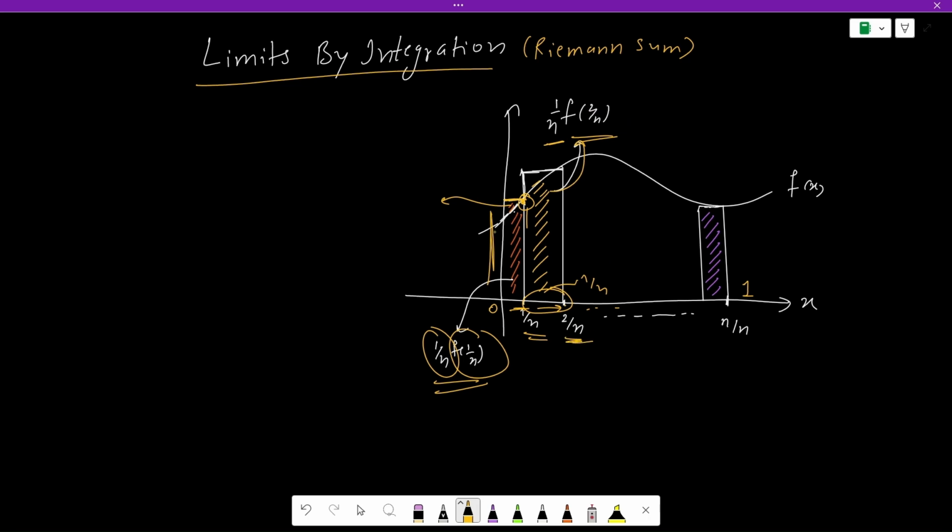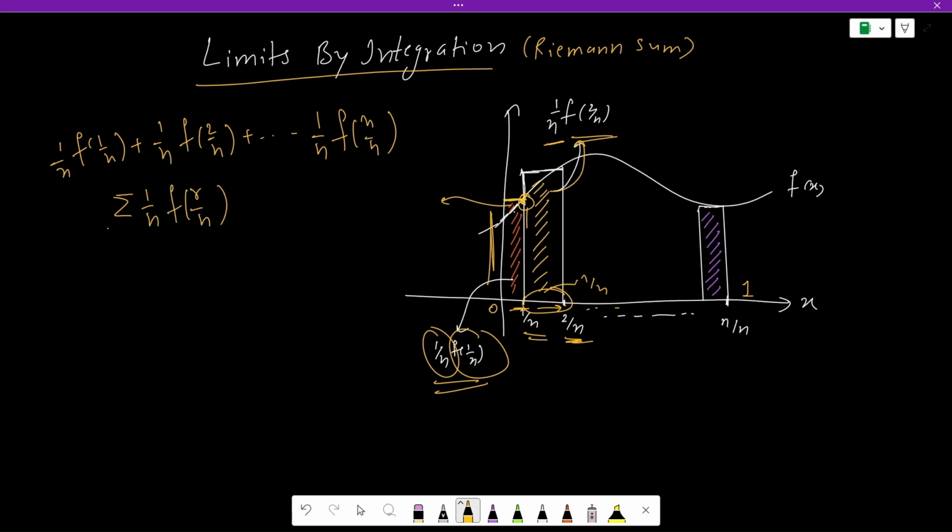So similarly, if we create all the rectangles and sum them up, that will be 1 by n f of 1 by n, plus 1 by n f of 2 by n, plus so on up to 1 by n f of n by n. Right, so this is summation of 1 by n f of r by n, with r from 1 to n.